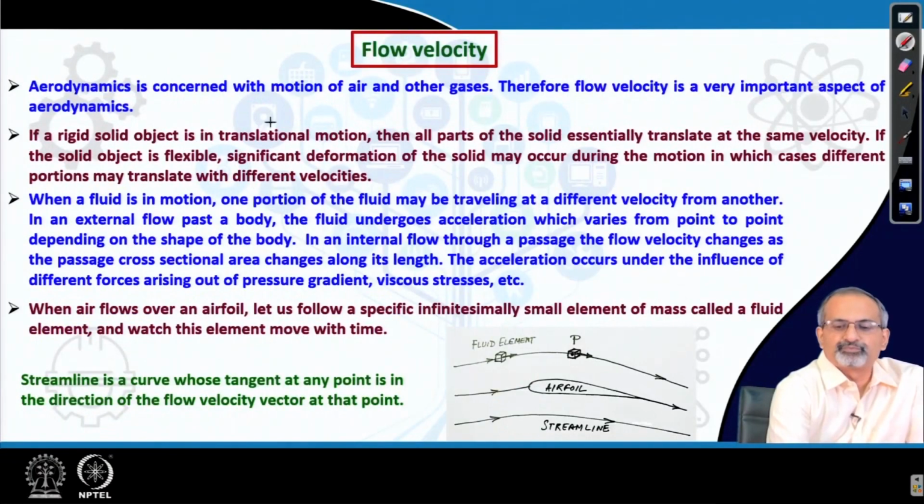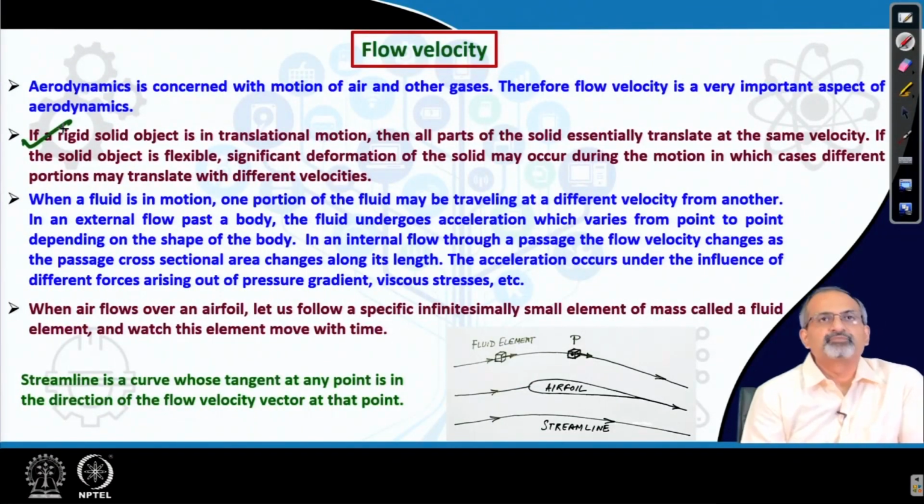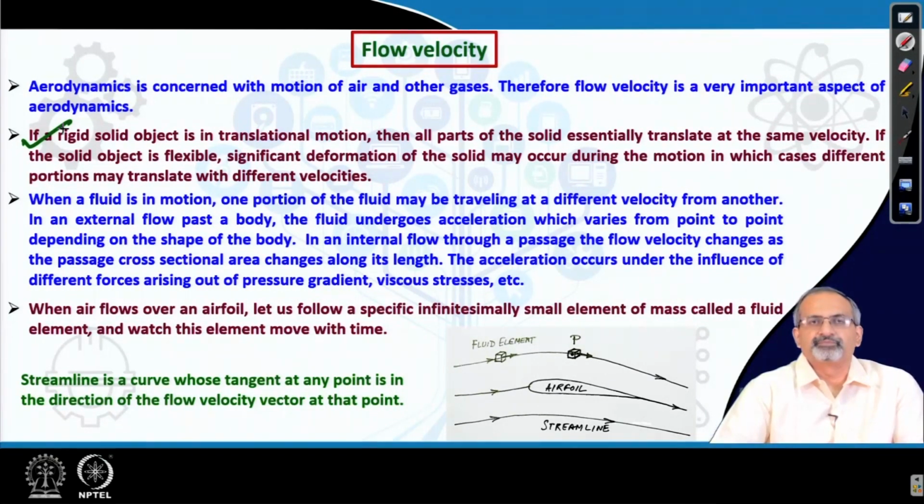see. So, the second point talks about a rigid solid body in translational motion. We say that all parts of the solid essentially translate at the same velocity when it is perfectly rigid.